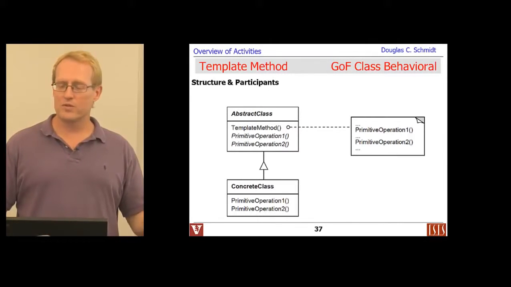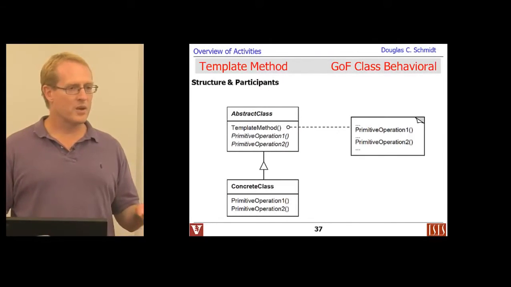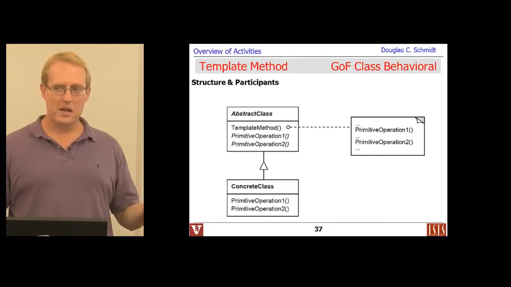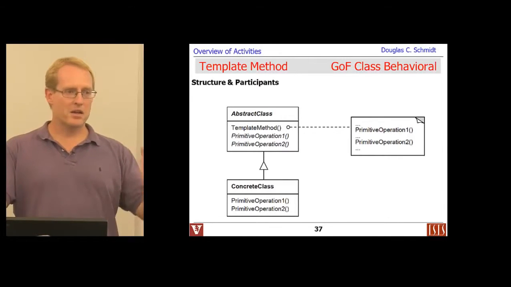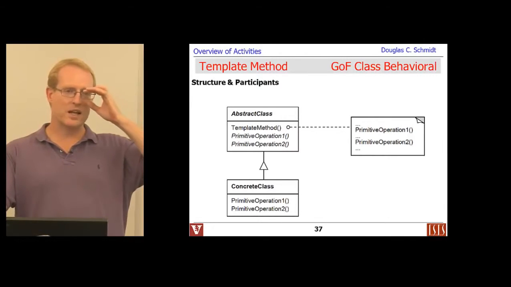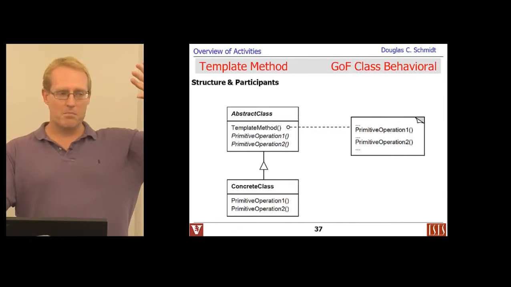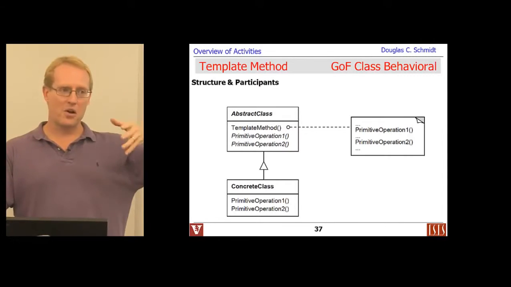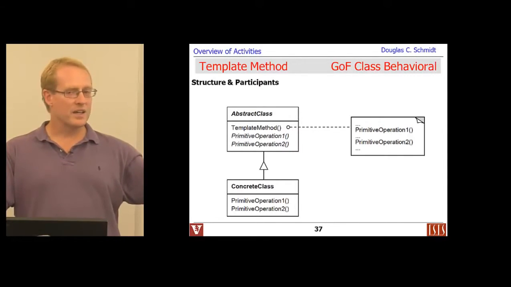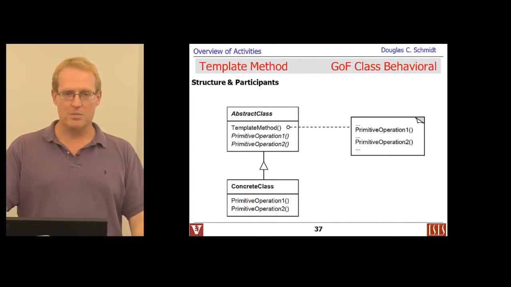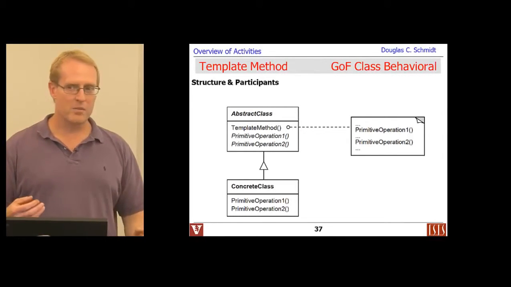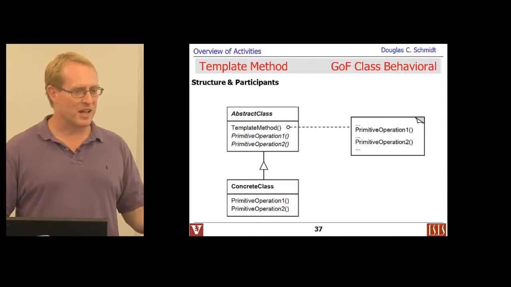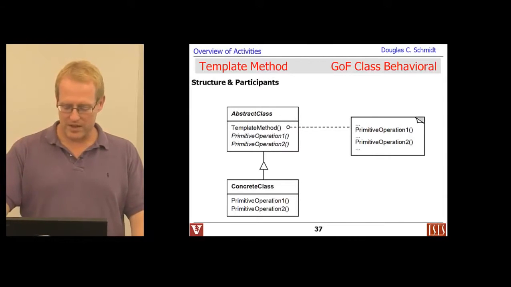For those of you who've taken CS 101 or 102 here, or 251, you may recall that one of the fundamental principles of object-oriented design and programming is this idea of having a base class or an abstract base class that defines a set of methods that are obligations on subclasses to override. In Java, we call these abstract methods. In C++, we call these virtual methods. And it's either necessary for the subclass to override them, or it's possible for the subclass to override them in order to do different kinds of things.